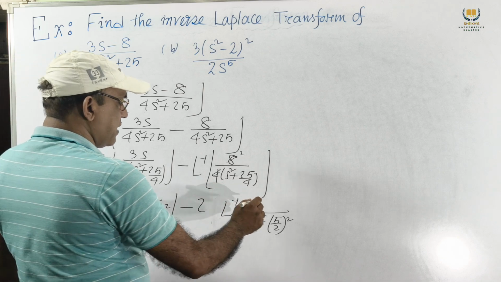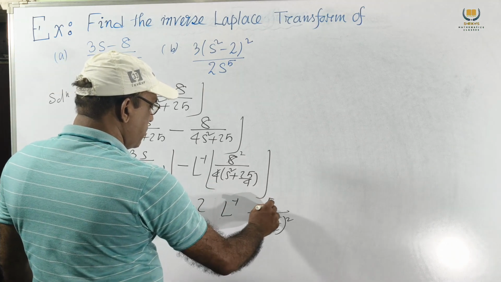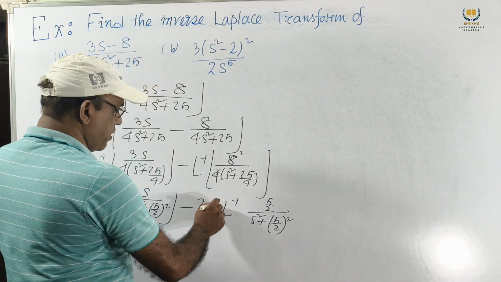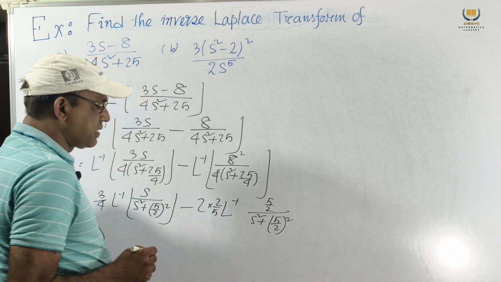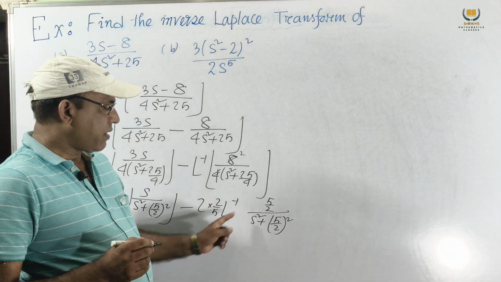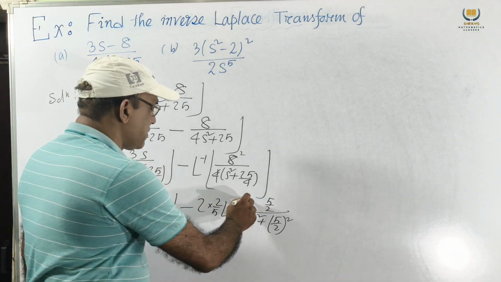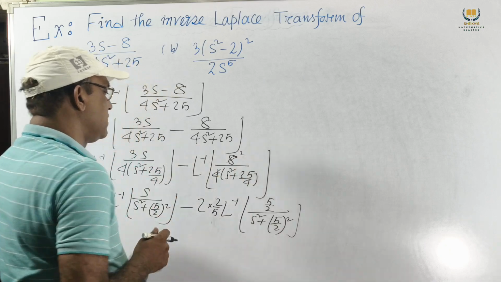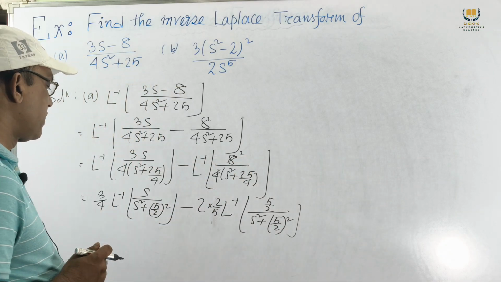Here we write 5 by 2 and outside is 2 by 5, and 5 by 2 and 2 by 5 cancel. Ultimately we get this one by this, with 2 already taken outside.